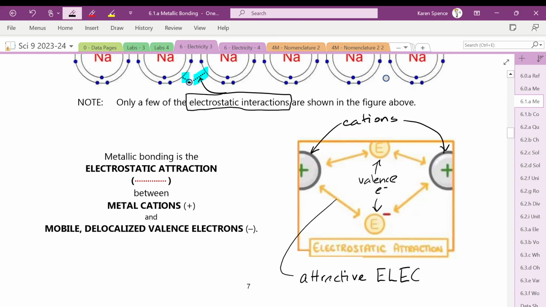It is an attractive electrostatic force. Is that good?